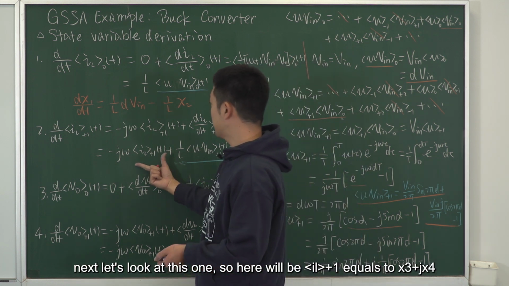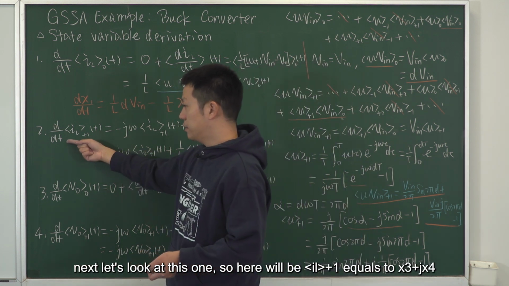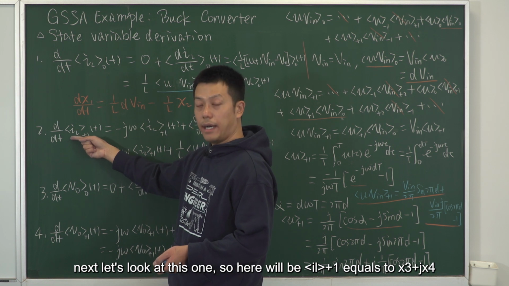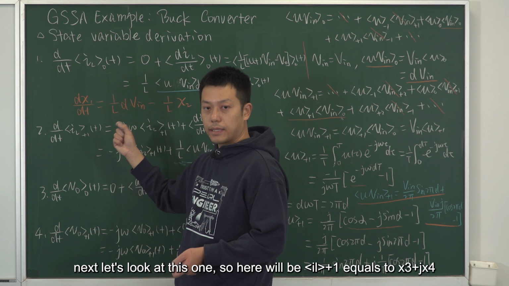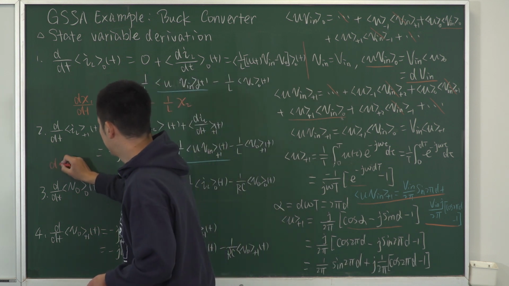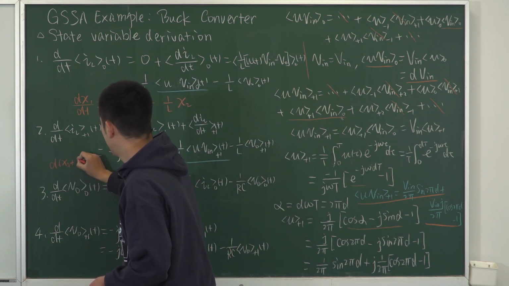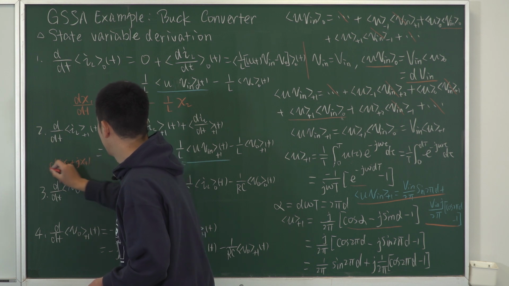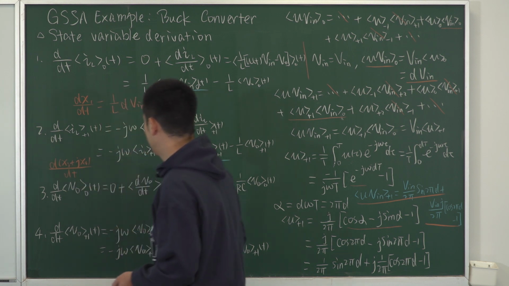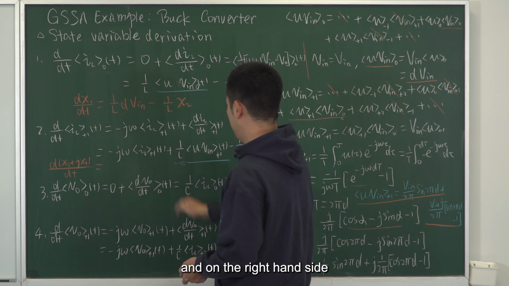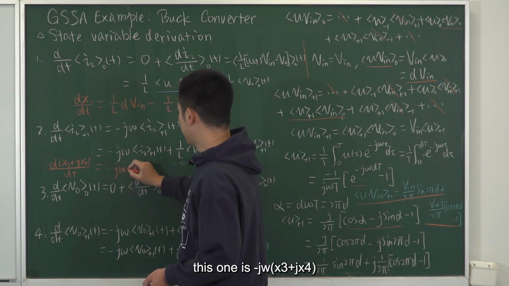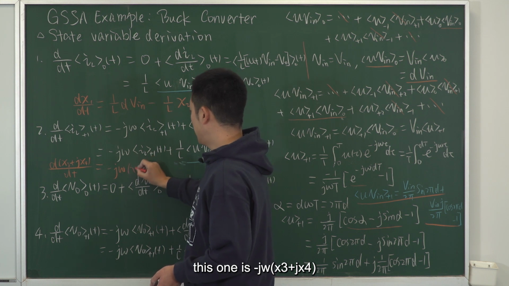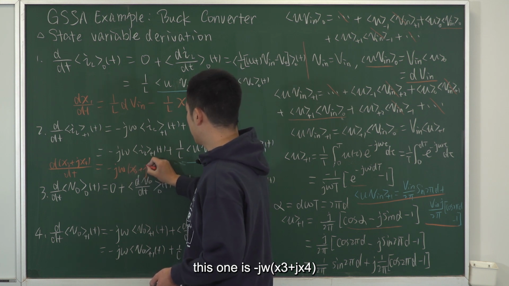Next, let's look at this one. Here, IL plus 1 equals x3 plus jx4. On the right-hand side, this one is minus j omega times x3 plus jx4.